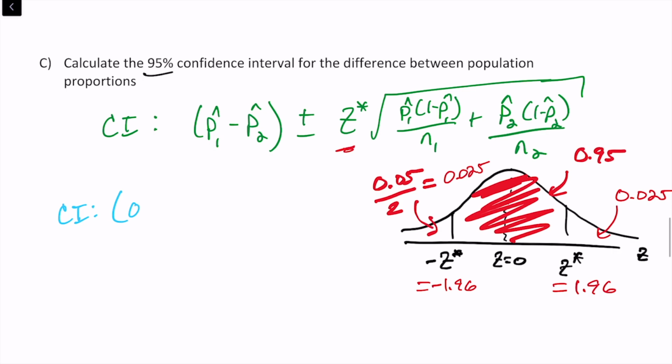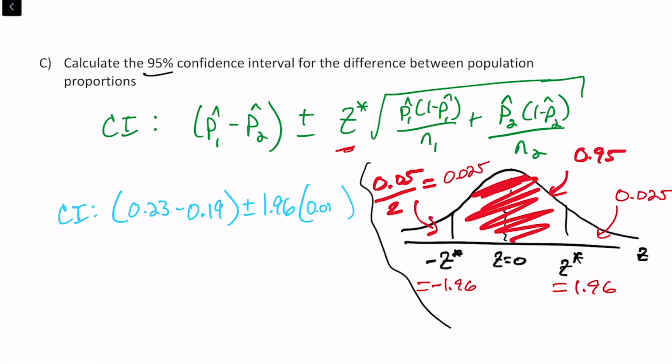So it's going to be 0.23 minus 0.19, that was our P2 hat, plus or minus Z star, which was 1.96, times our standard error, which we said was 0.017 from the previous part.